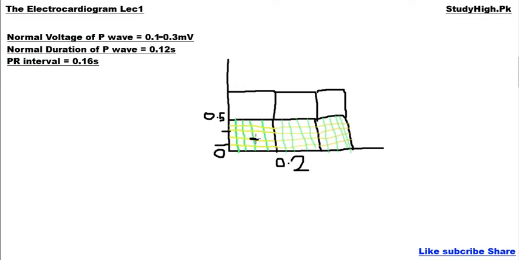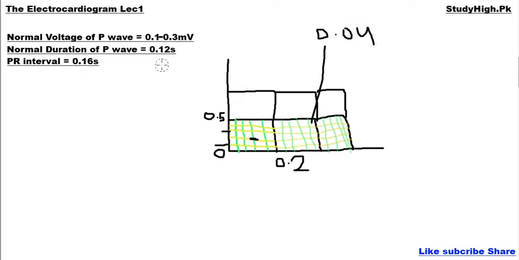Now what is the normal duration of the P wave? The normal duration of the P wave is 0.12 second. As you know, one small box is equal to 0.04 second, so 3 small boxes will be equal to 0.12 second.